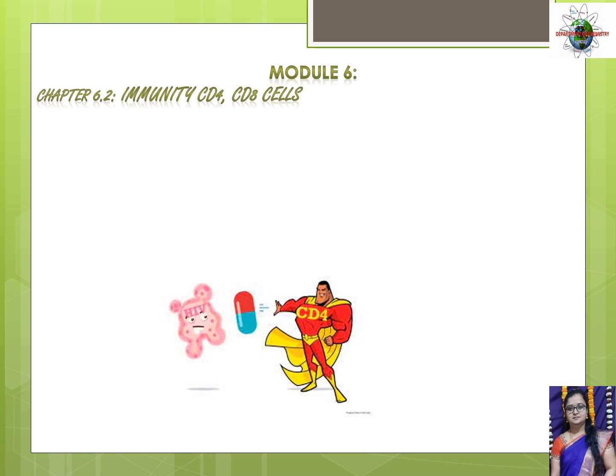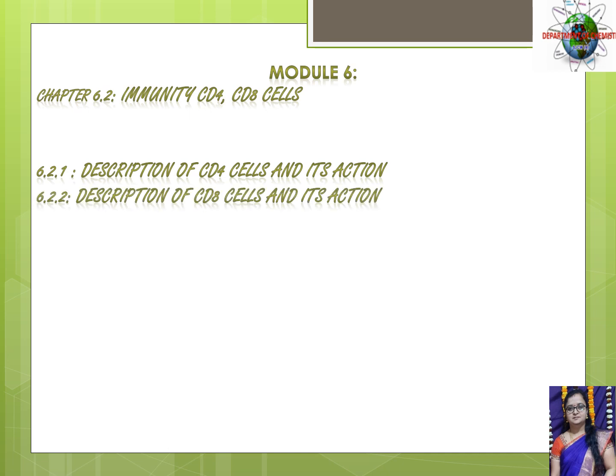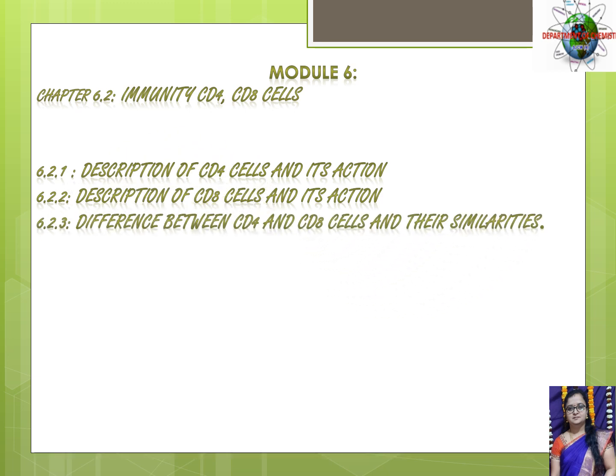In this chapter 6.2, we'll be learning about immunity, CD4 cells and CD8 cells. Chapter 6.2.1 deals with the description of CD4 cells and its action. 6.2.2 deals with description of CD8 cells and its action. 6.2.3 deals with the difference between CD4 and CD8 cells and their similarities.